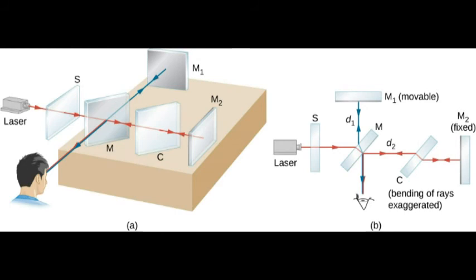From both mirrors the light rays are reflected back and reunited at one place. That means interference will appear on the ground glass screen when observed by the eye detector. In this diagram, mirror M2 is fixed and mirror M1 is movable, and it is attached to the object whose dimensions are to be measured. This is the Michelson interferometer.